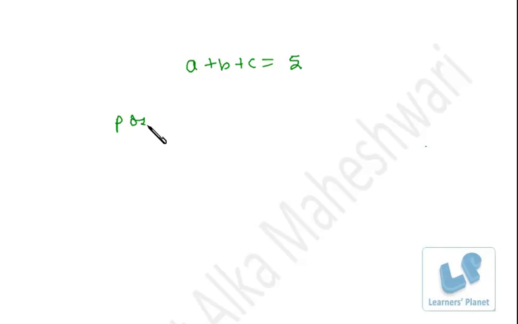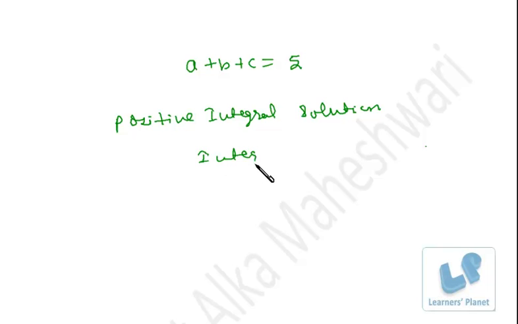That is, positive integral solutions and just integral solutions. That means non-negative integral solutions. Here I'm talking about non-negative, right? So one is positive integral solution and the other is non-negative integral solution.